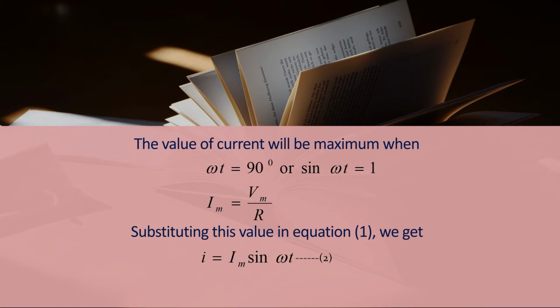Now you put the value of Im in equation number 1. So it can be written as I = Im sin ωt, where Im is the maximum current flowing through the resistance in the pure resistive circuit. From voltage and current equations 1 and 2, it is clear that there is no phase difference between the applied voltage and the current flowing through the pure resistive circuit, that is, the phase angle between voltage and current is 0.